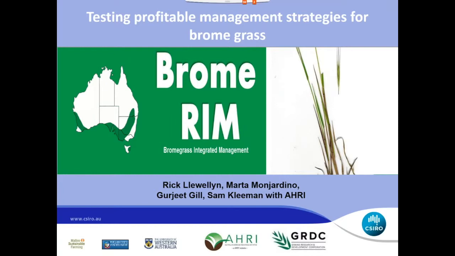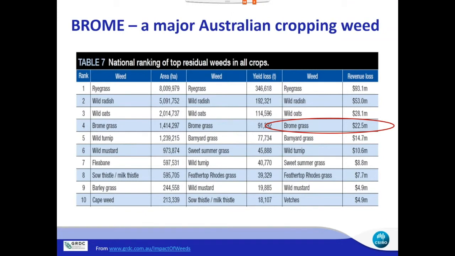But why brome grass? Well, like we were just discussing, from recent work from just a couple of years ago, it's now ranked the number 4 weed in Australia in terms of, in this case, just crop loss or area affected as well.